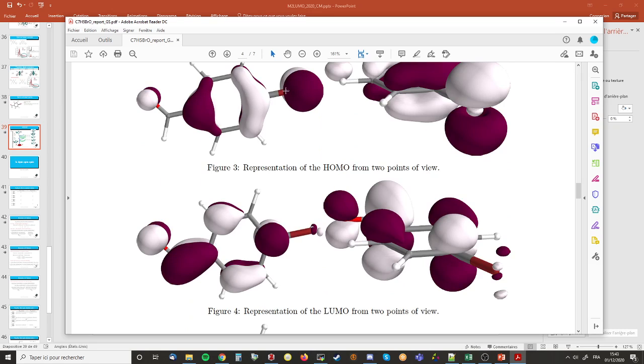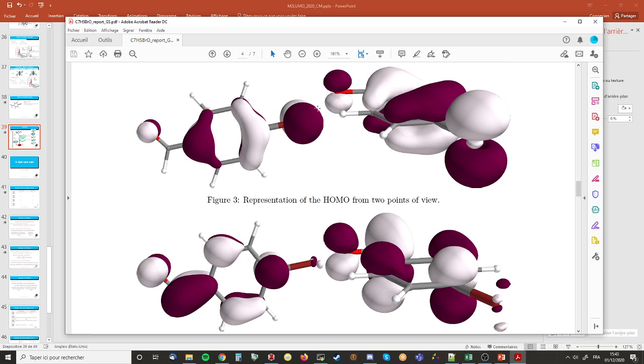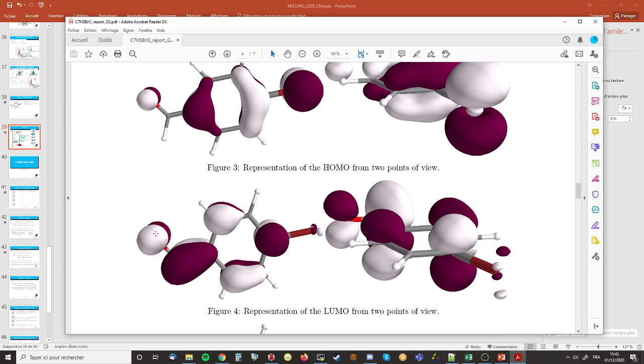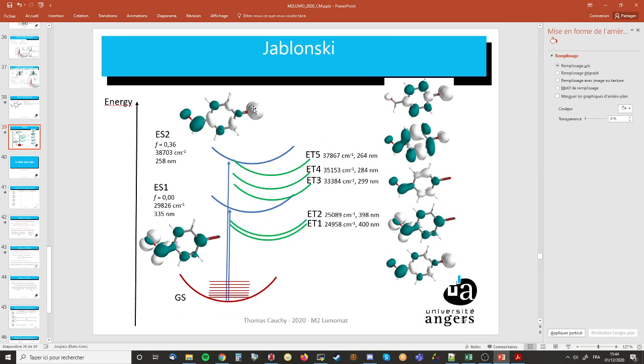That means that the electron here goes to the benzene and to the carbon of the carbonyl, where there was nothing before. So clearly here you gain electrons, there you lose electrons. Okay, so if you do this picture squared minus this picture squared, you have this picture.